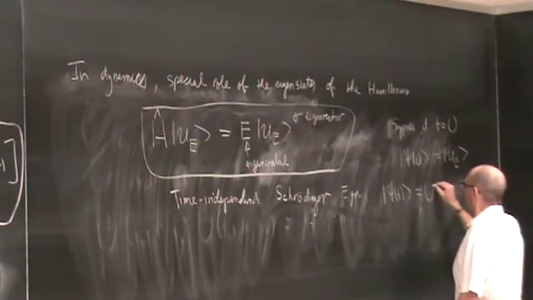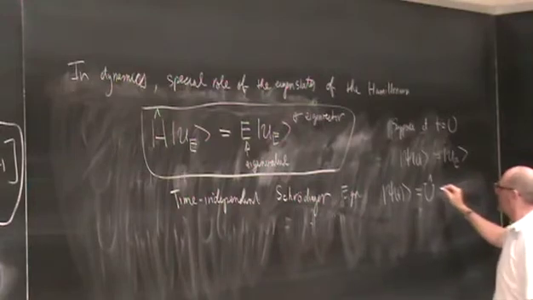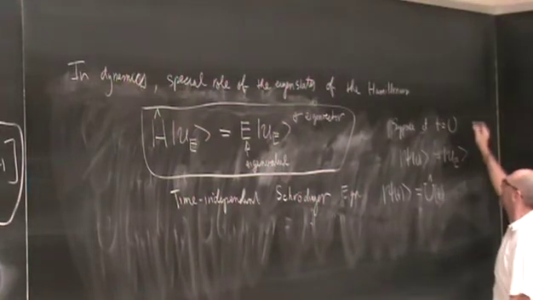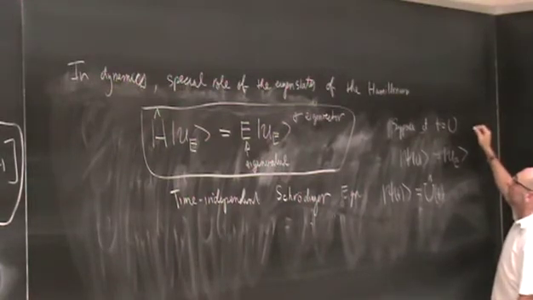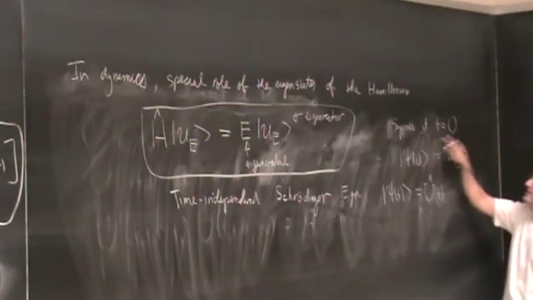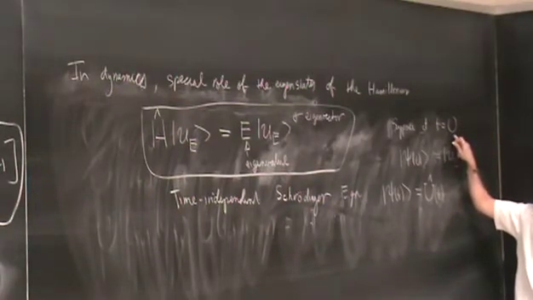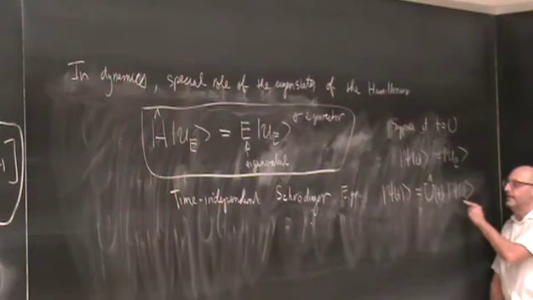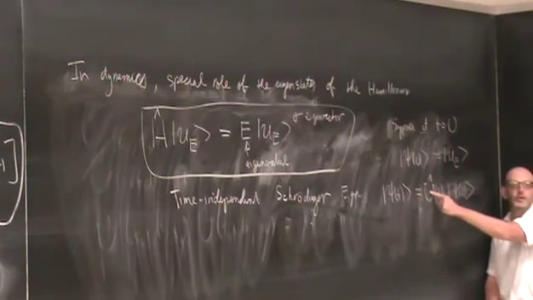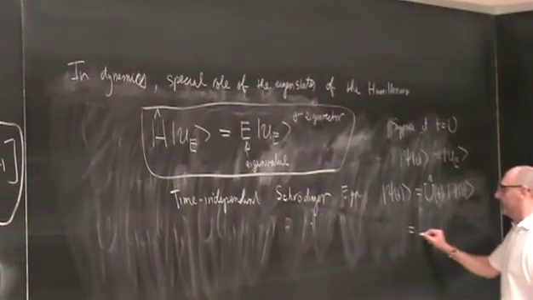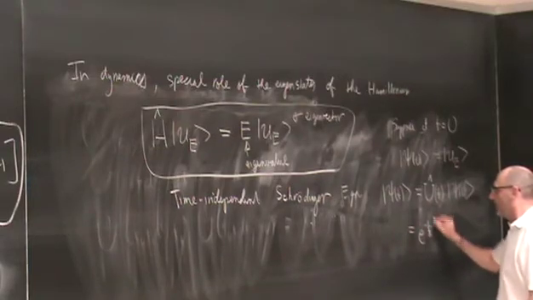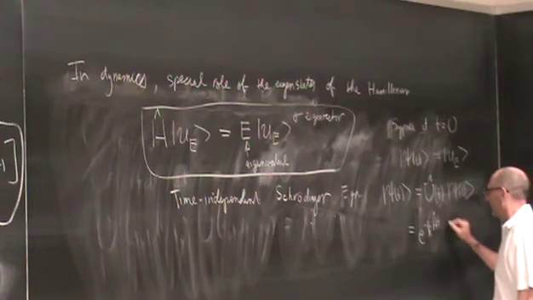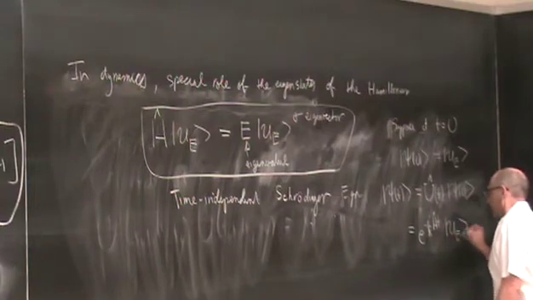From now on, I'm just going to take t0 to be time 0. So according to the rule, we translate this state in time according to our unitary translation. And this is equal to e to the minus i over h bar, the Hamiltonian times time, times that.